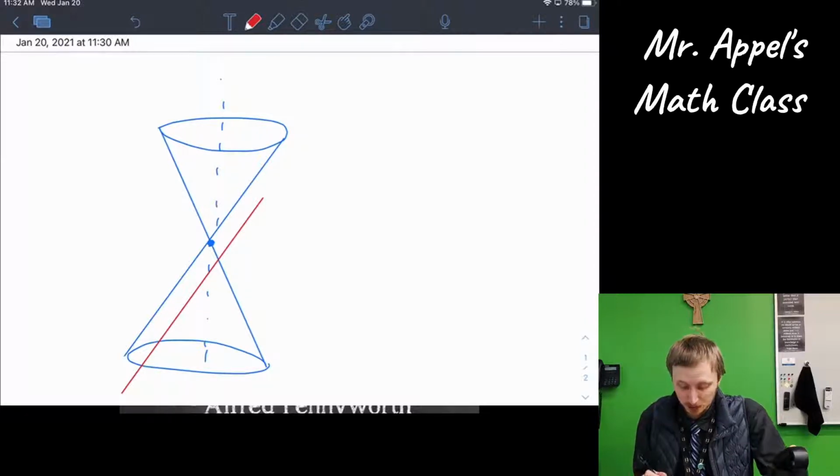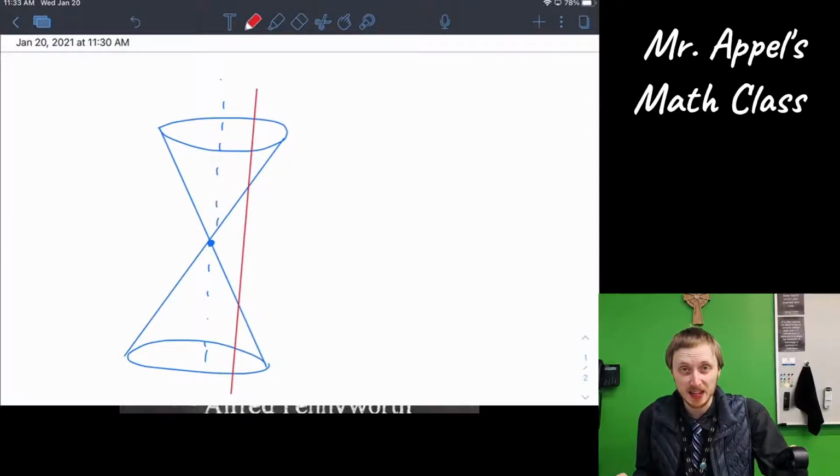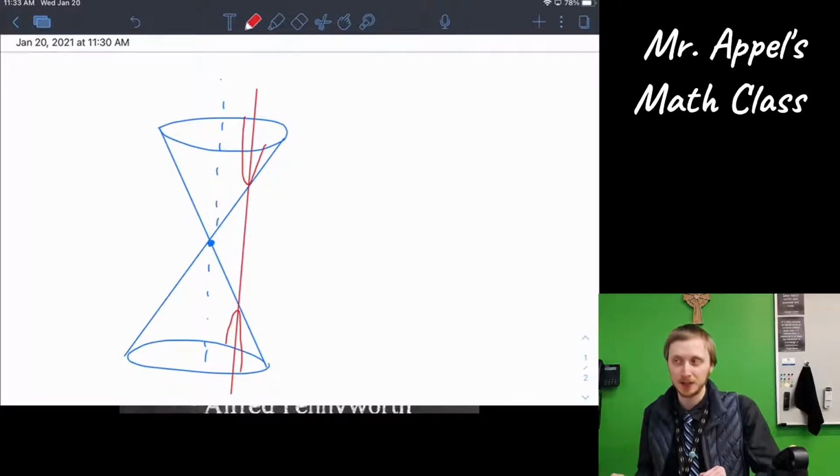So what if instead we go even more vertical, right? And we go something like this. Now we get, not only do we have this piece here, but we also get that piece up there out of the double cone.